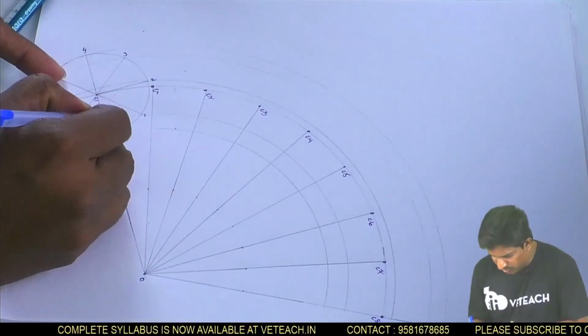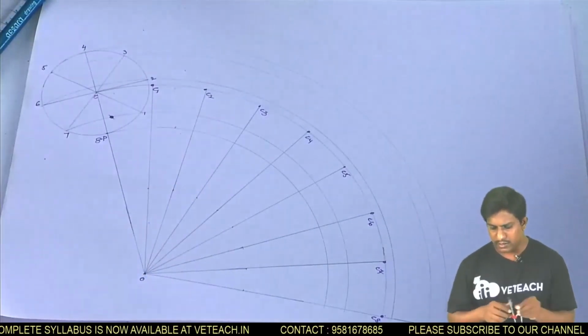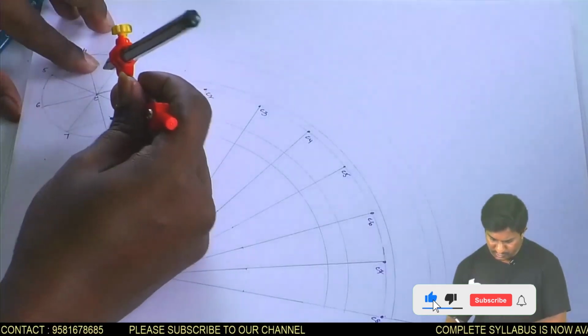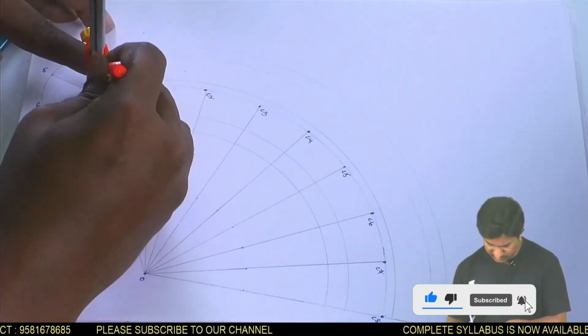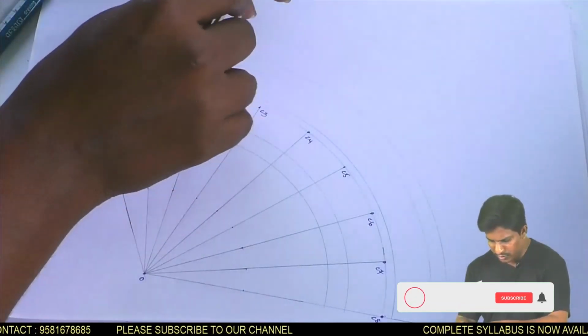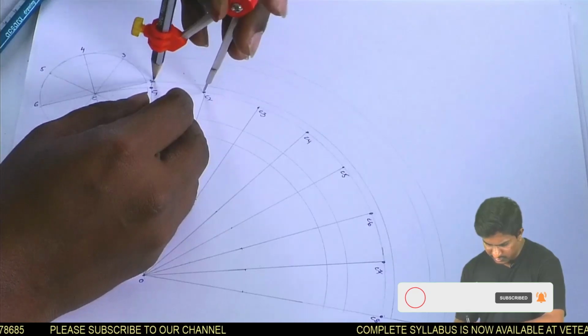This is the point I got, the first point on the first arc from P to C. Again take the same radius C to P and cut from point C2 on the second arc.